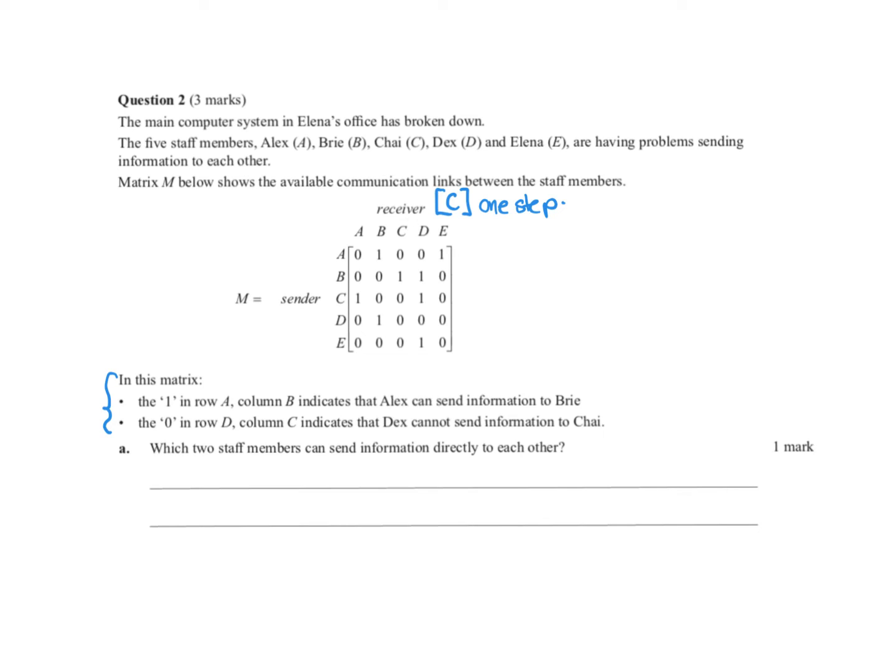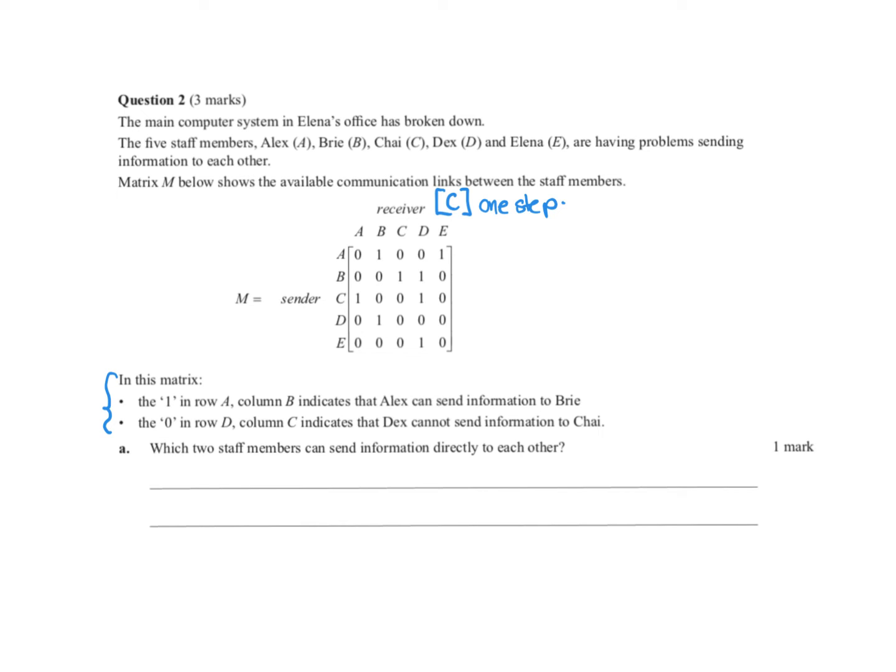So it says, which 2 staff members can send information directly to each other? What you're wanting to see is that if you have a 1 between 2 letters, you want a 1 in both combinations. Someone just shouted out, B and D?